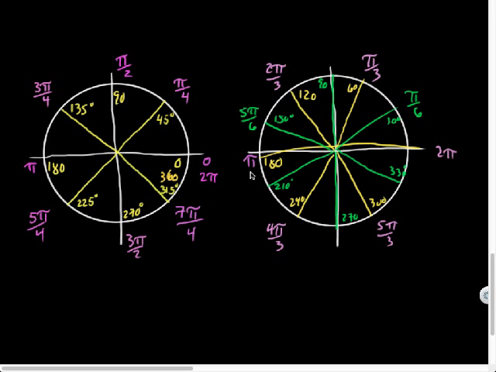All right, let's see. 210. This would have been 6 pi over 6 here. So this is 7 pi over 6. And then let's see. We've already got that. To find 330, I'm adding a pi over 6 to this. So this would have been the same as 10 pi over 6. So that's 11 pi over 6.